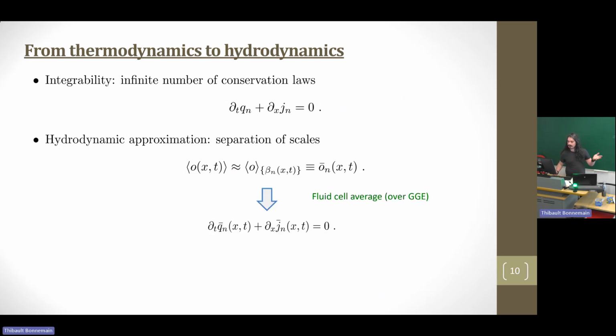So then I write my mesoscopic conservation laws by performing a fluid average. And now I can also use the results I got from my statistical mechanics approach. So I can write the average of charge densities in terms of the density of states, but now I'm considering slow modulations of my soliton gas, so my density of states now depends on x and t.